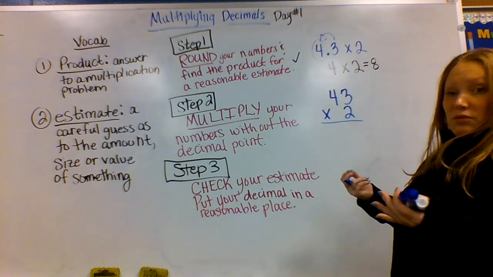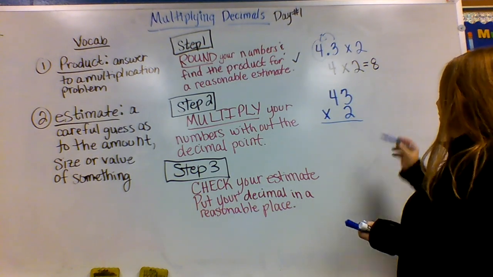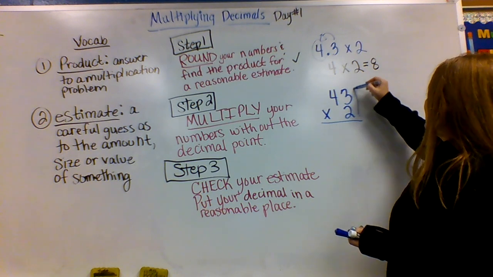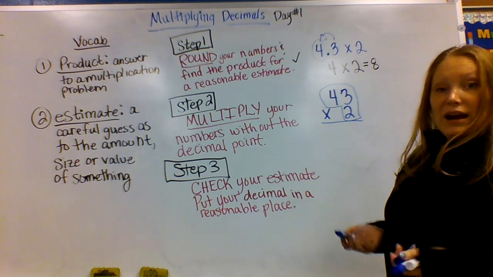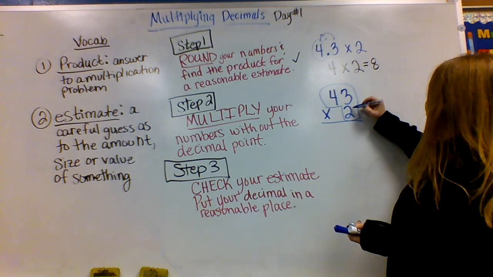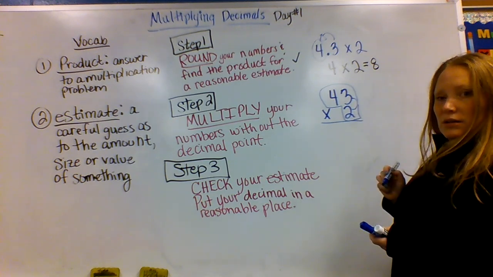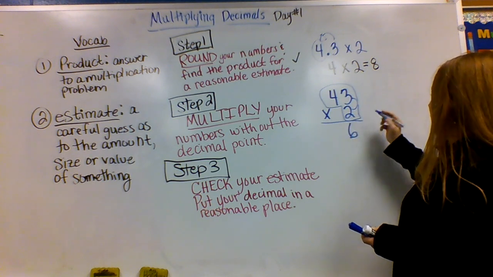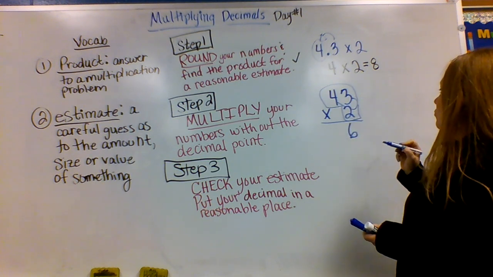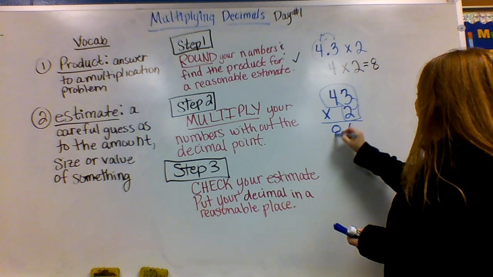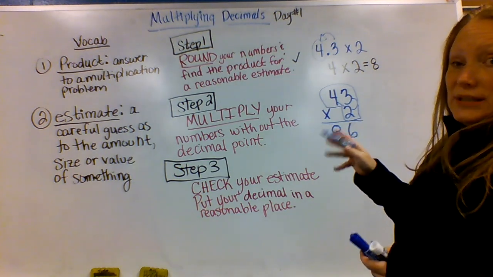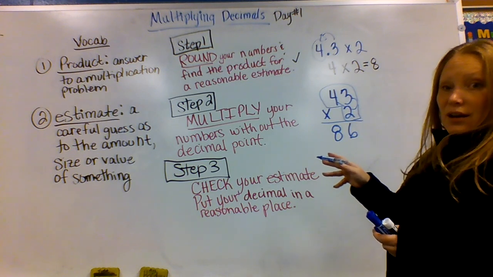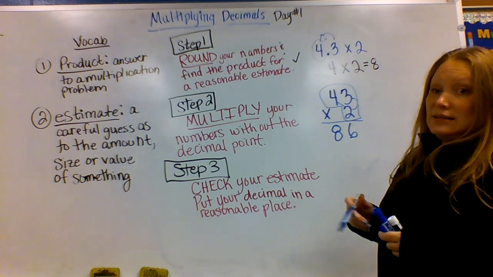So we can do 43 times 2 using the algorithm method. Sometimes some people like to call it the turtle head. Others we call the algorithm, okay? Well, 3 times 2, what is that going to equal? Yep, that's 6. What's 4 times 2? Yep, that's 8. Well, so if 43 times 2 is 86, that's not the answer to 4 3/10 times 2.